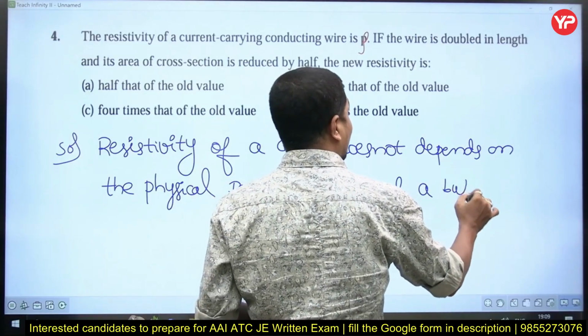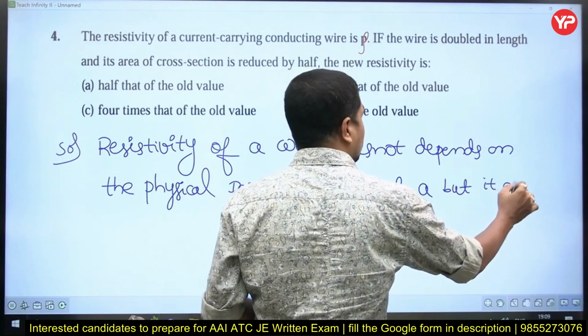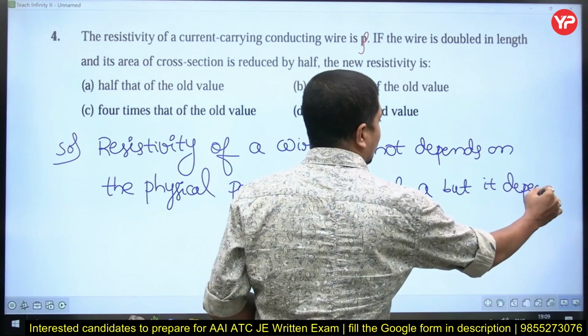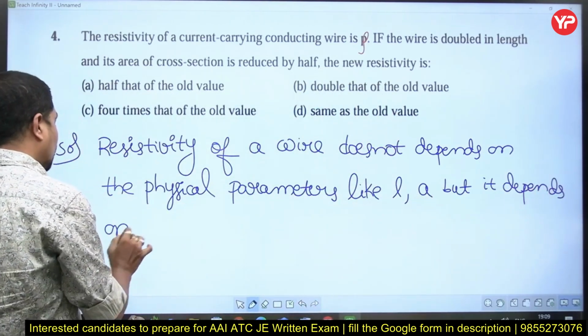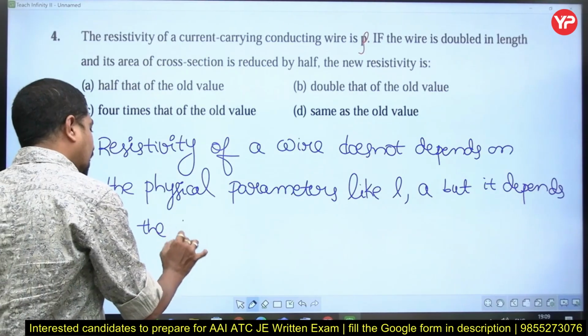But then, sir, it is not depending upon physical parameters, so on what is it depending? It depends on the type of the material.